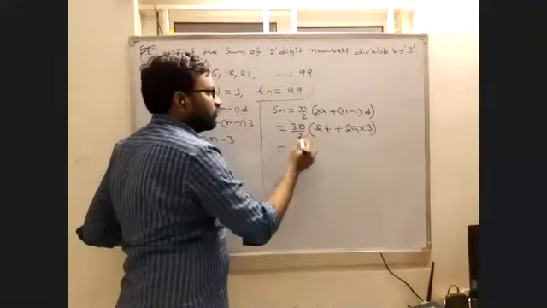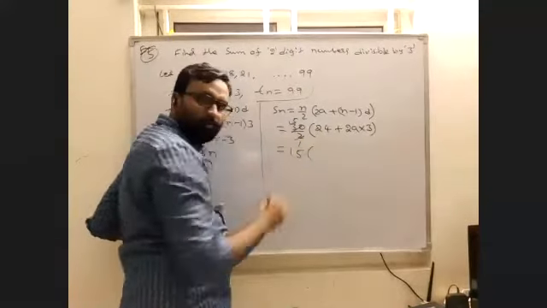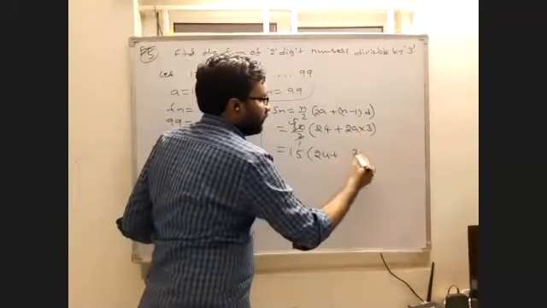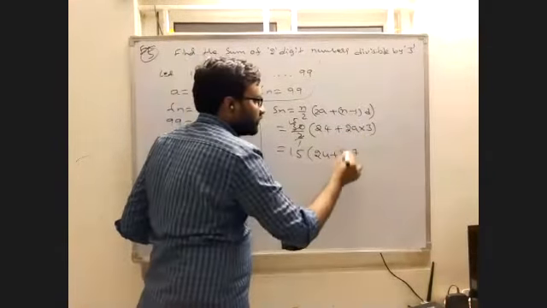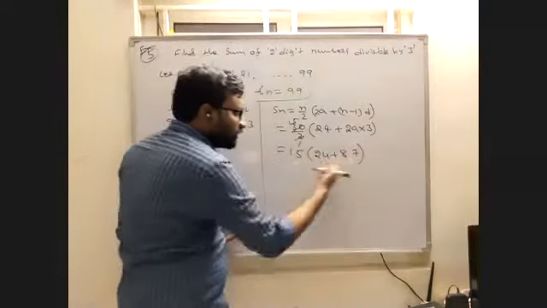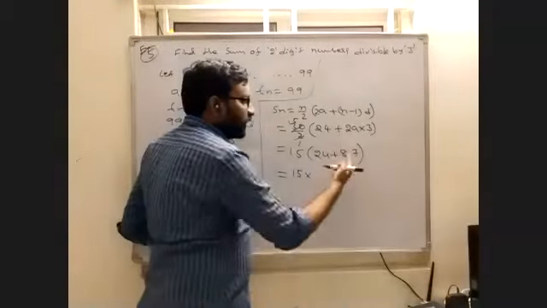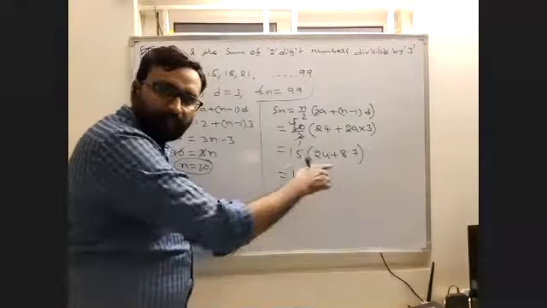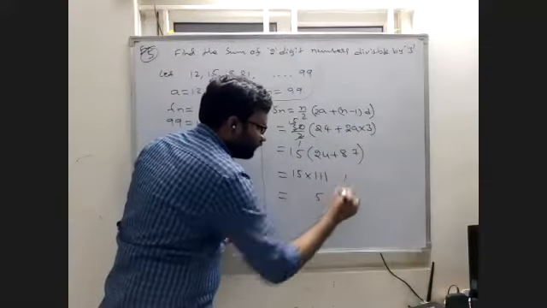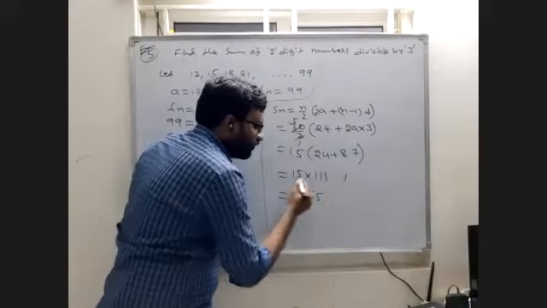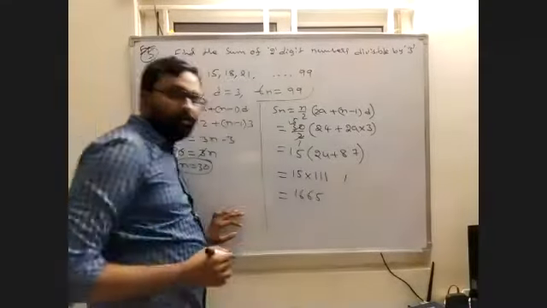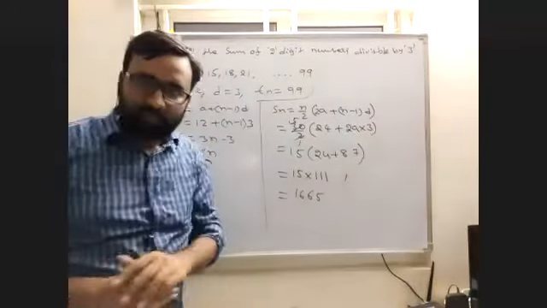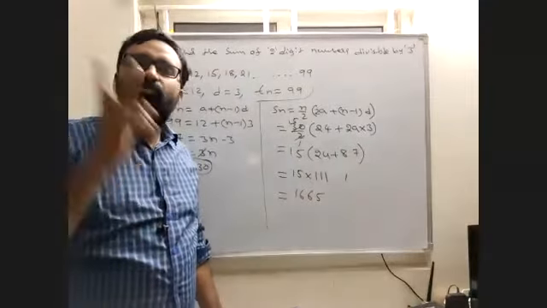Now 2 15 ya, so 15 into 24 plus 29 into 3, that is 87. 87 plus 24 is 111, and 15 into 111 gives 1665. So 1665 is the sum of the numbers which are divisible by 3 and are 2-digit numbers.